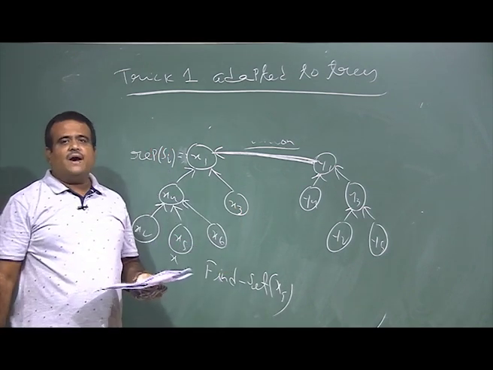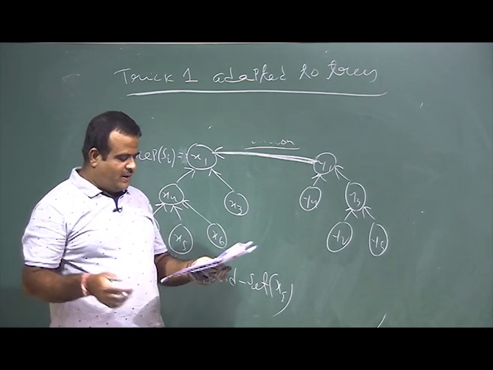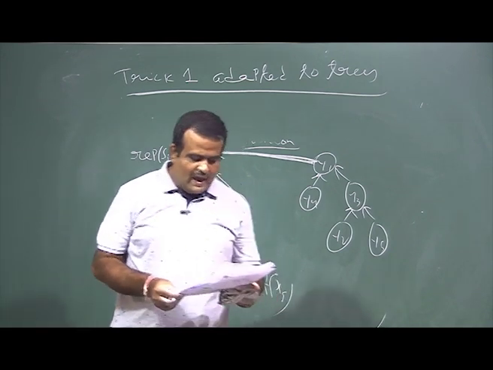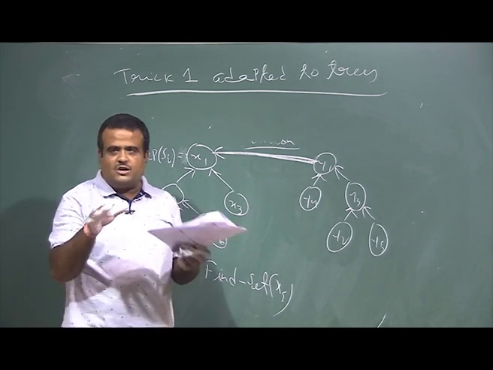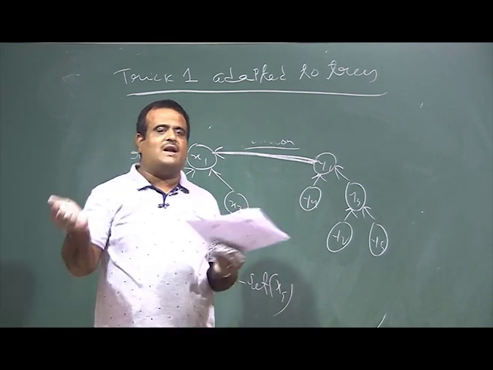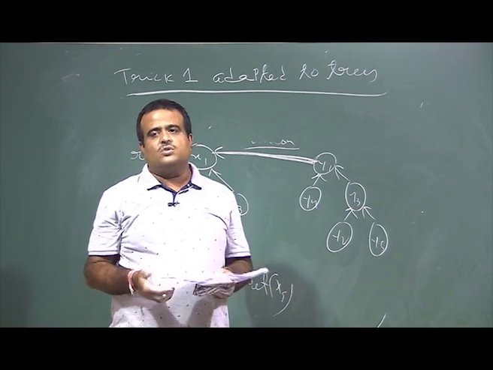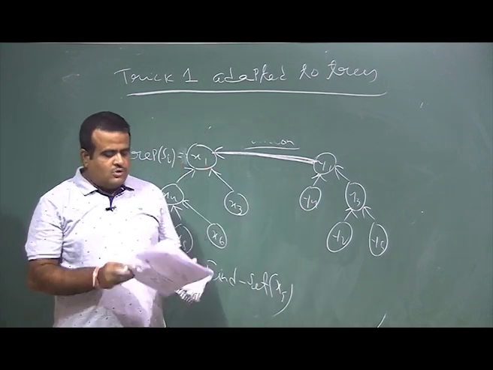Then the find will take the same time as find of x. And the height of the tree will not increase, because we are merging the smaller set with the larger set. So, height will remain the same. So, this is trick 1.